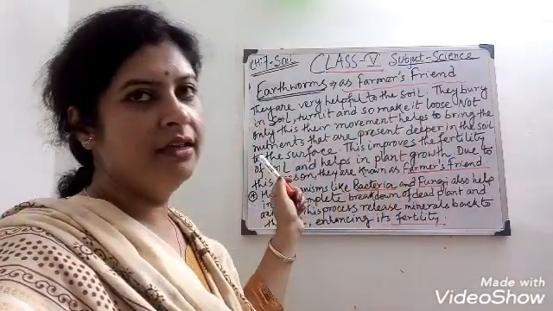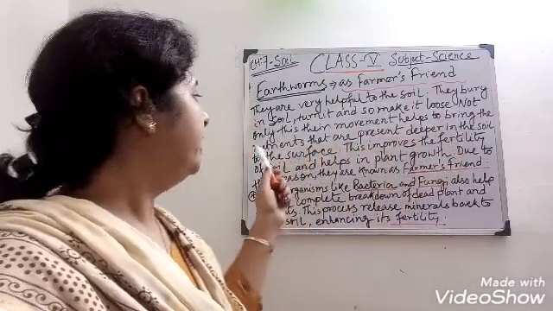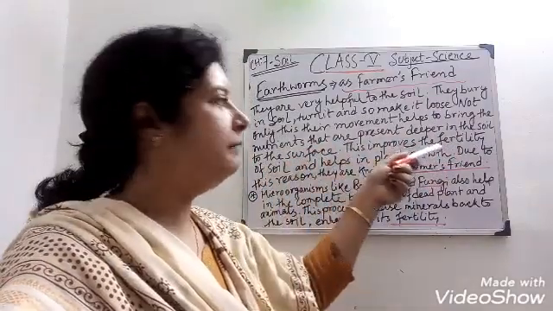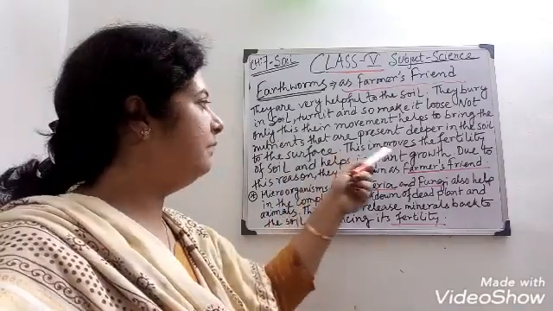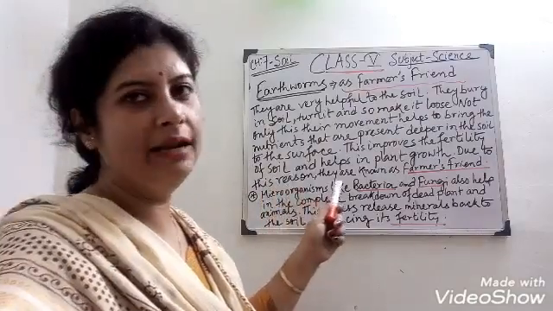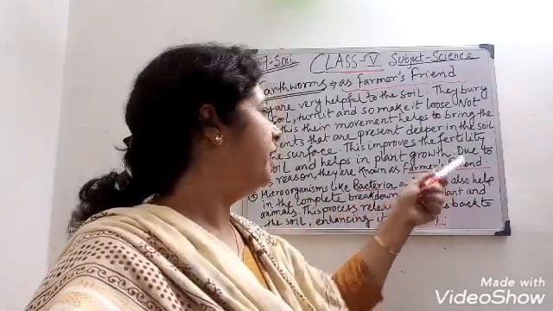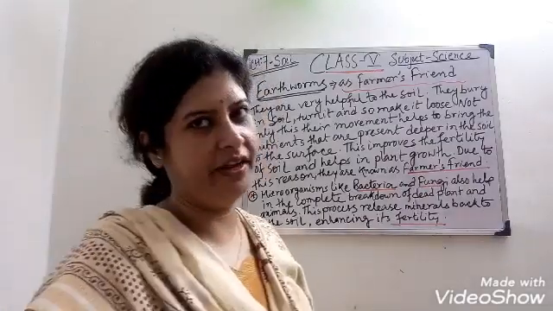Not only this, their movement helps to bring the nutrients that are present deeper in the soil to the surface. It improves the fertility of the soil and helps in plant growth. Due to this reason, they are also known as farmer's friend.